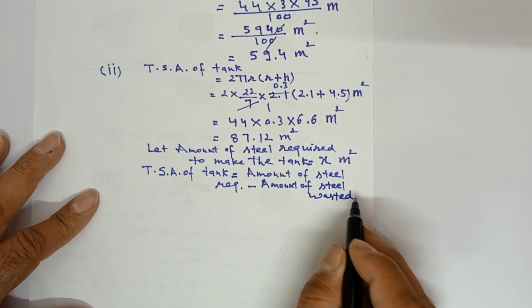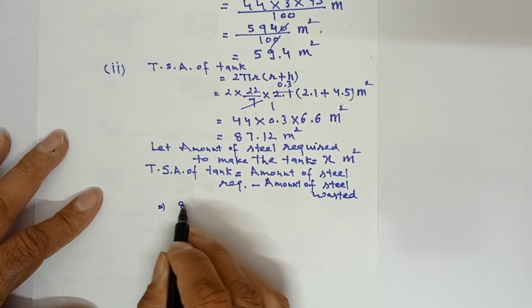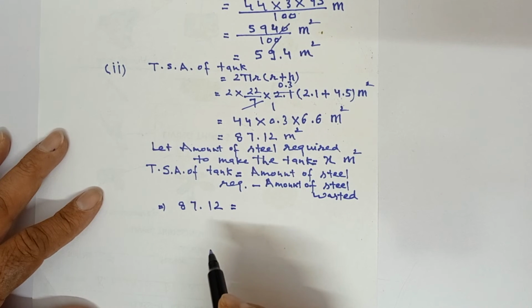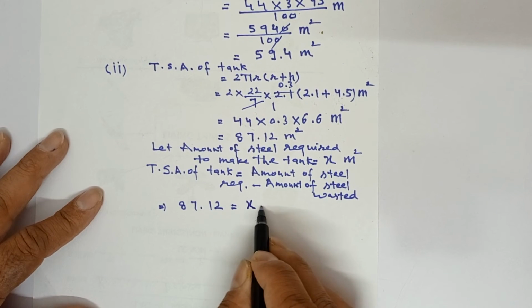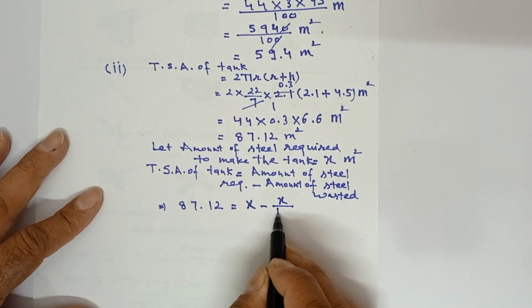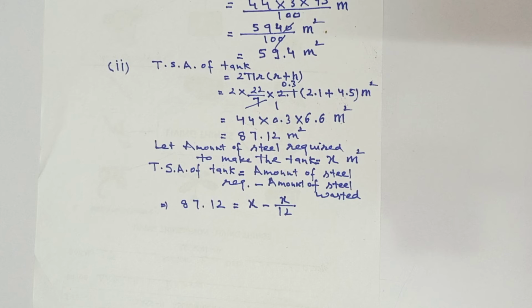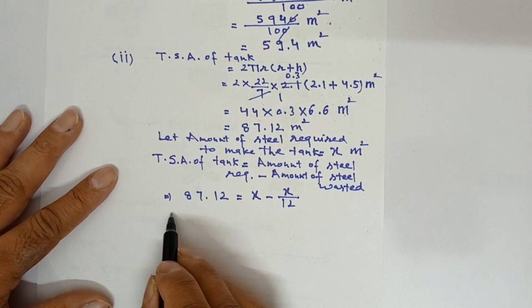So the total surface area we have found is 87.12, and the amount of steel required is how much? X, and the amount of steel wasted is how much? X upon 12, right? Because 1/12 of the steel actually was wasted, it is written.